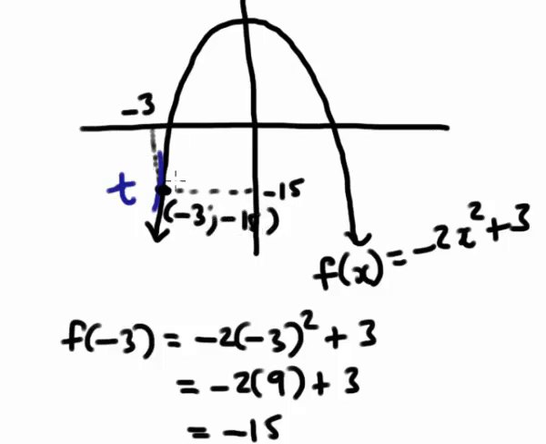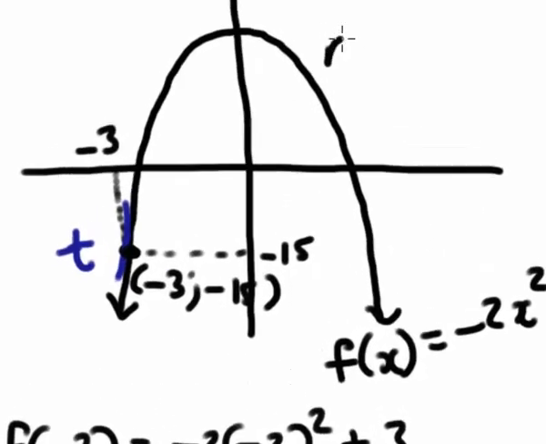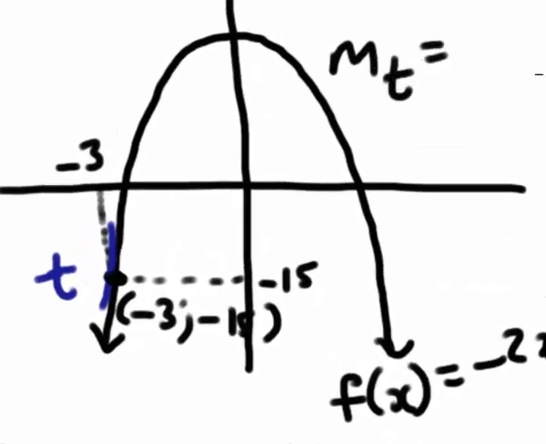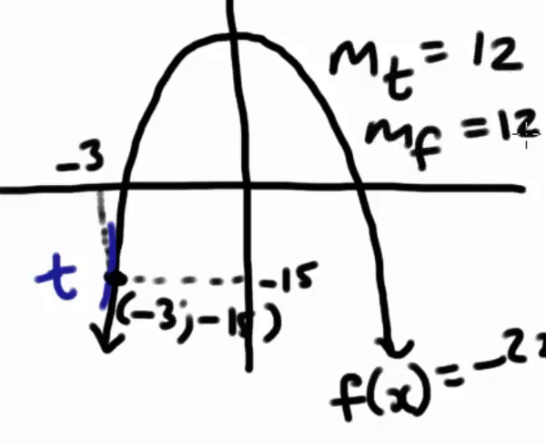But what is the gradient of the tangent? The gradient of the tangent is going to be 12. It's the gradient of the parabola at that point, negative 3. It's the gradient of the line. Remember the line y equals mx plus c? The m is the gradient. That is the gradient of that blue line. And the line is sloping to the right, so the gradient is positive. It's y equals 12x plus something, whatever that y-intercept is.